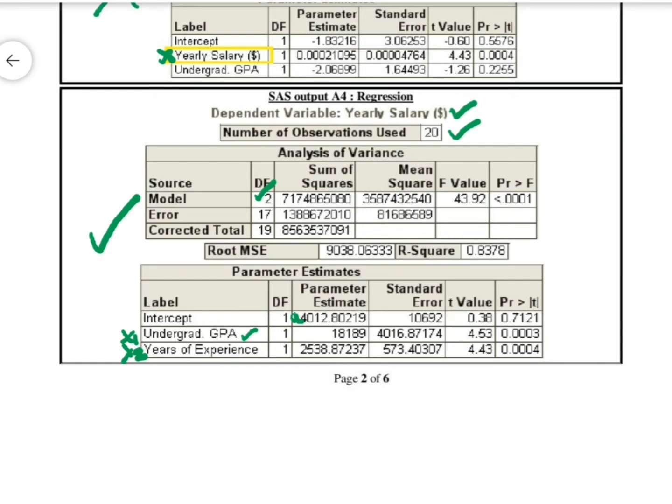After that, x1 is undergrad GPA, and b1 is here, 18,189. And for years of experience x2, b2 is here, 2,538.87237. Now you know the values of a, b1, b2.